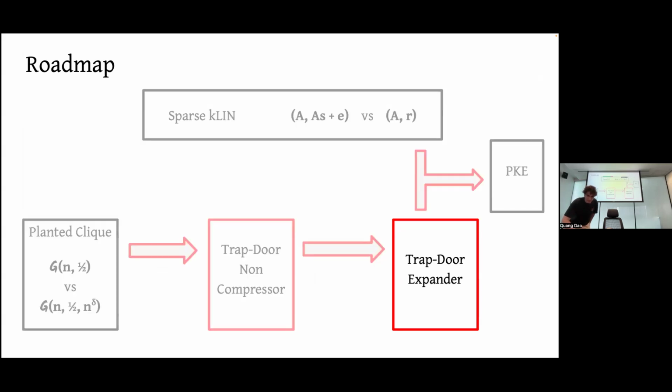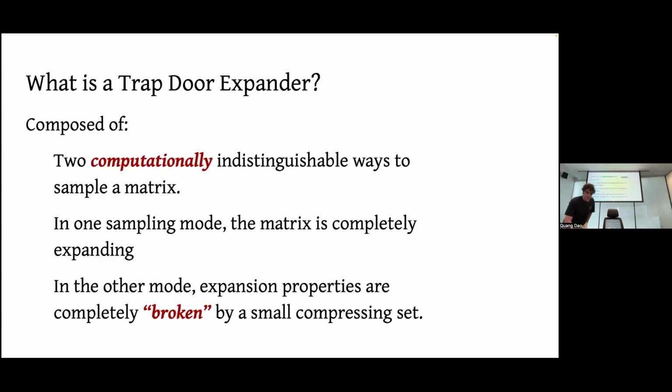First, I'd like to work backwards, so I'd like to talk about trapdoor expanders. This is composed of two computationally indistinguishable ways to sample a matrix A, such that if we sample the matrix from, for example, the first mode, then the matrix will have the strong expansion properties that we want.